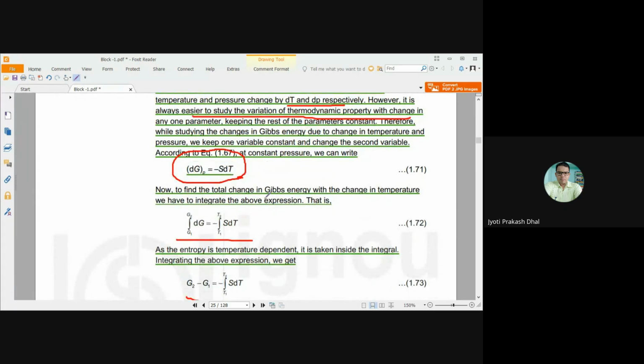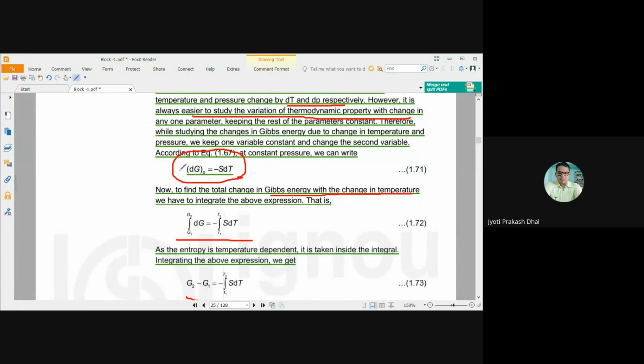Now, to find out the total change in Gibbs energy with change in temperature, we have to integrate the above. So this is the differential form. But if we want to find the total change in Gibbs energy over a finite change, we have to integrate this equation 71 on both sides, with the Gibbs energy changing from G1 to G2 and the temperature from T1 to T2.